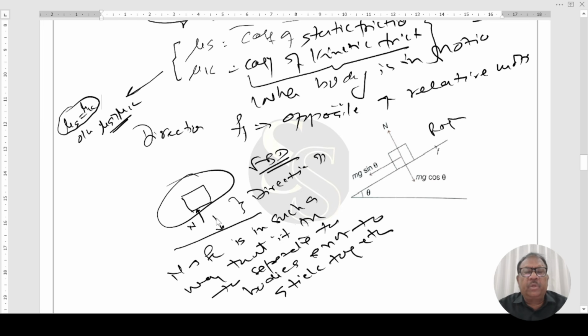They are trying to separate each other. In this case, the direction of normal is given to you. Weight acts vertically downward. This is the weight.